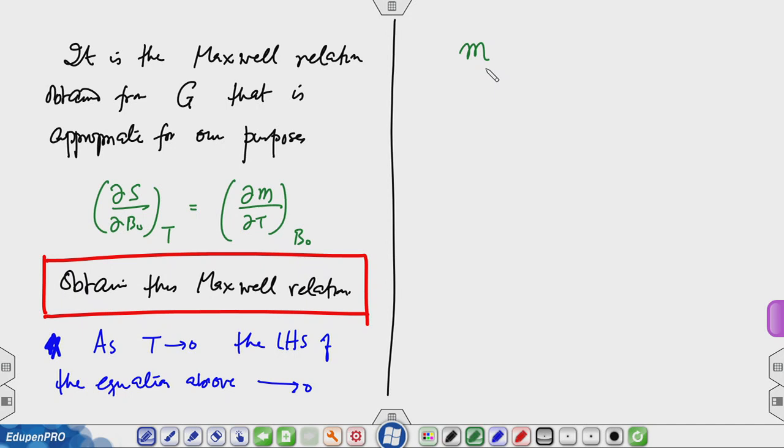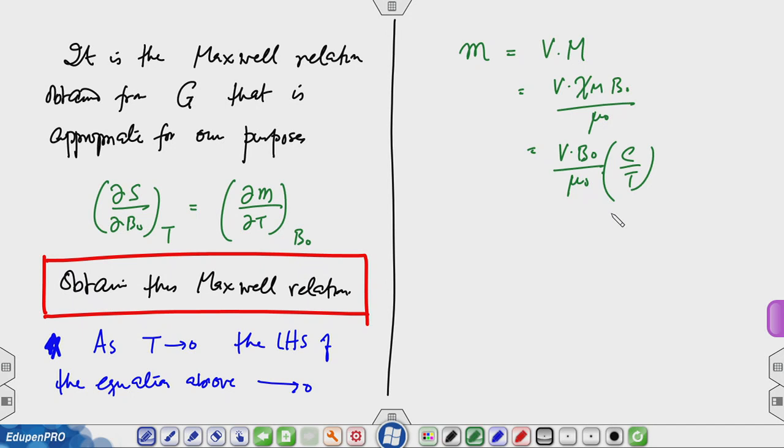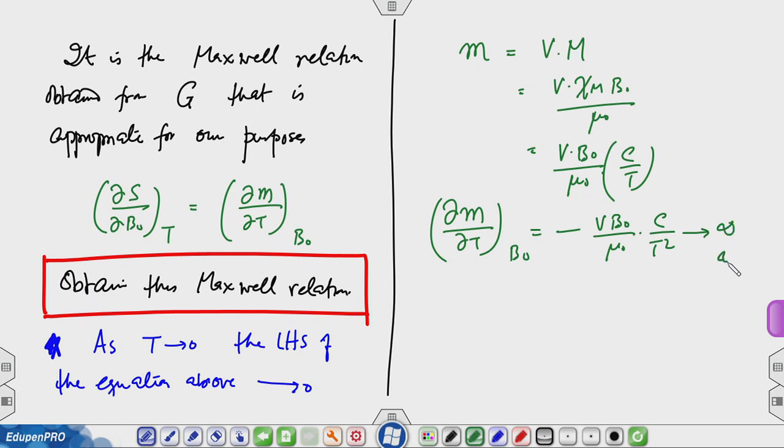The magnetic moment of the sample is going to be the volume times the M, which is going to be V chi m B0 upon mu 0, which is V B0 upon mu 0 C over T. C over T is the chi m. And therefore, dM/dT at B0 is equal to minus V B0 over mu 0 C over T square, and it goes to infinity as T goes to 0.